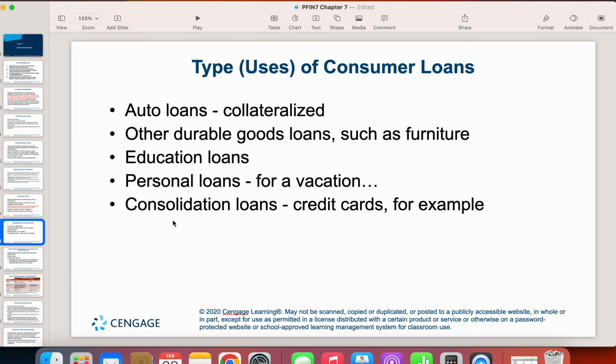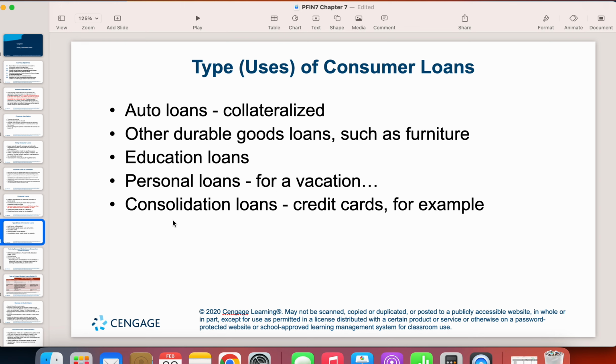Education loans are not physically collateralized, but they are collateralized by the fact that you obtain an education, which hopefully is tied to a future stream of income. So there is some implicit collateralization for education loans that I would say is stronger than for durable goods loans. You could take out a loan to go on vacation. That would be a personal loan.